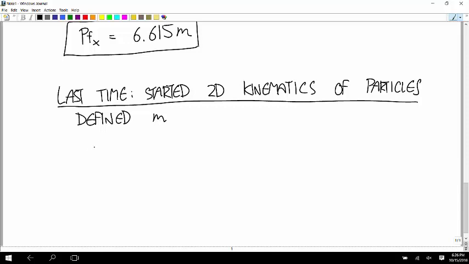And then I gave the most important equation for this whole class, Newton's second law. I'm going to always abbreviate that N2L. Newton's second law says if you add up all the force vectors acting on an object, we're going to call that F net, that's equal to the mass of the object times the acceleration of the object.